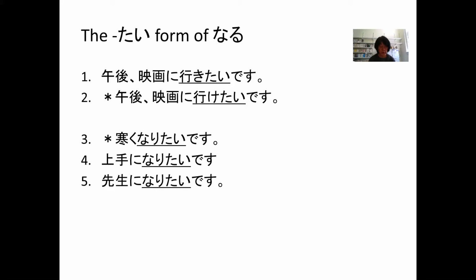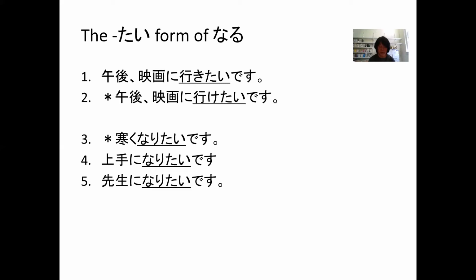Verbs that can be joined to the tai suffix are active verbs that express actions, particularly actions that the speaker has control over. This is why a potential verb may not be used with the tai suffix. Please see sentence 2. The tai form in that sentence consists of the stem of the potential verb ikeru and the tai suffix. The potential verb ikeru is a stative verb, and it means to be able to go.